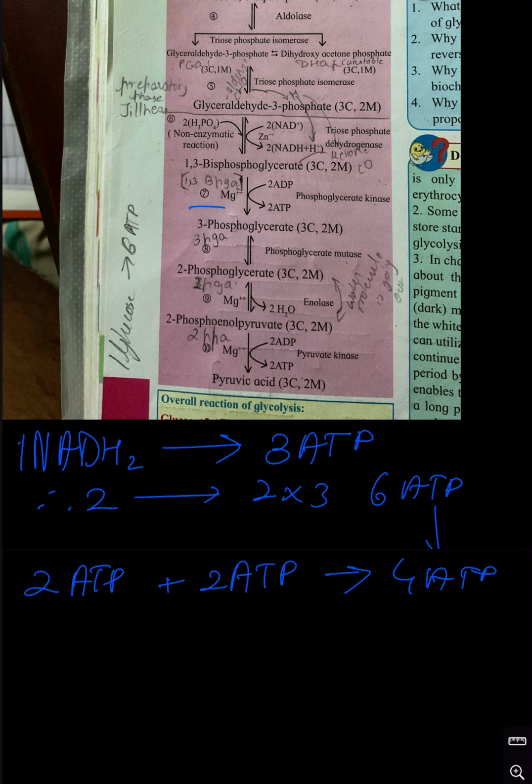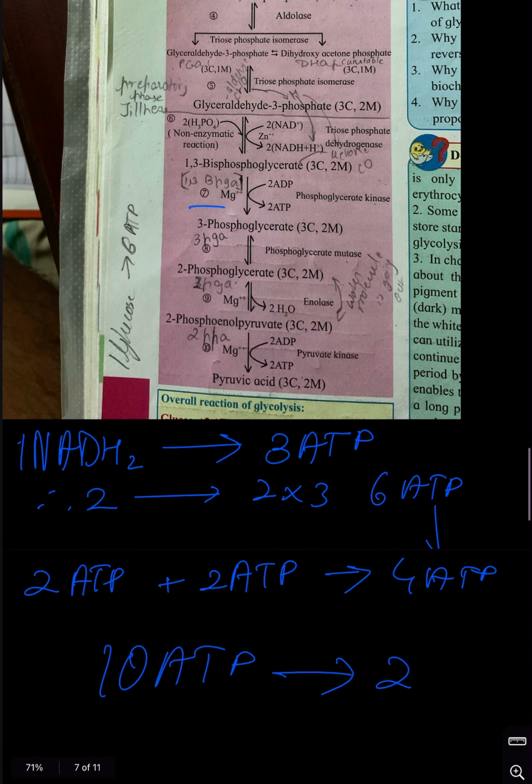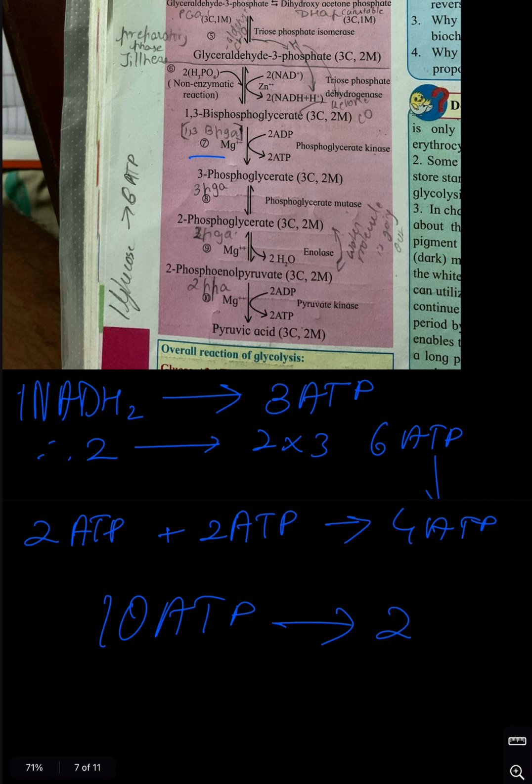This and this will get converted into 10 ATP, but 2 ATP were used at the start, in the first step and the third step. So they will get subtracted from it, and therefore 8 ATP are formed in glycolysis.